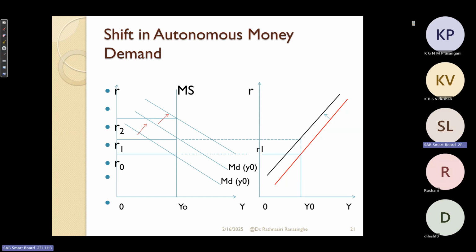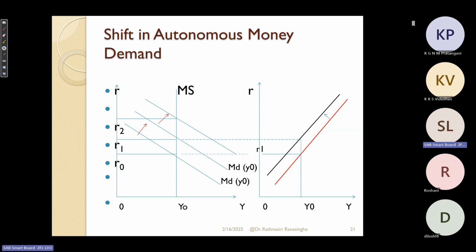If autonomous money demand decreases, with money demand explained by income, interest and other factors, this curve shifts to the right. That is different from a change in autonomous money demand. So there are two factors that determine the position of the LM curve: a change in money supply and a change in autonomous money demand.